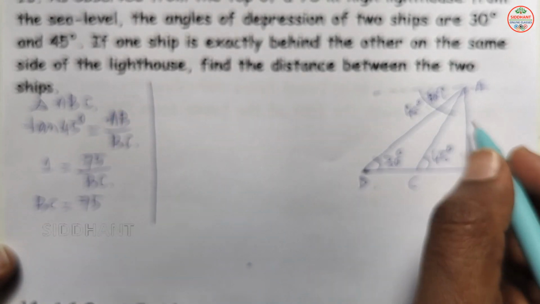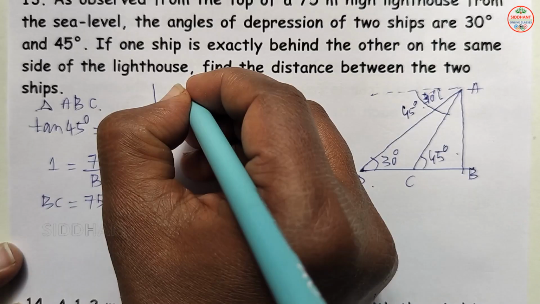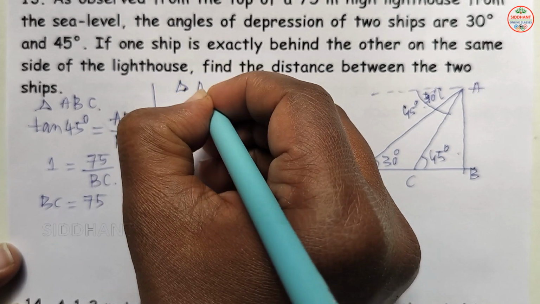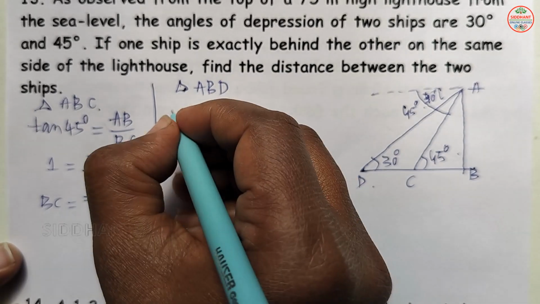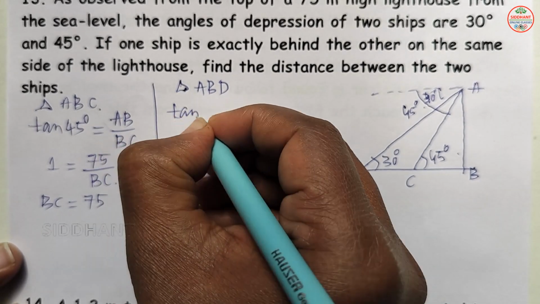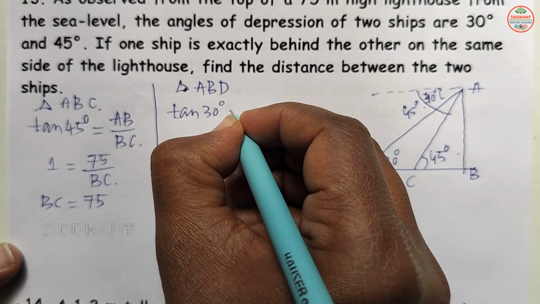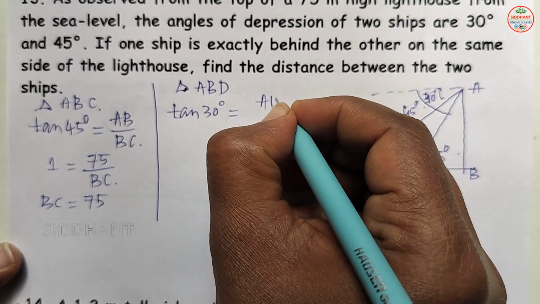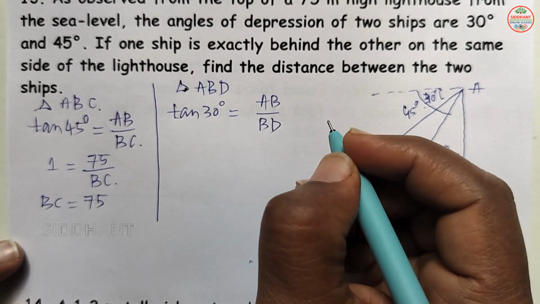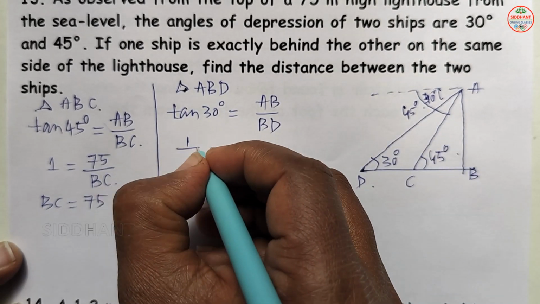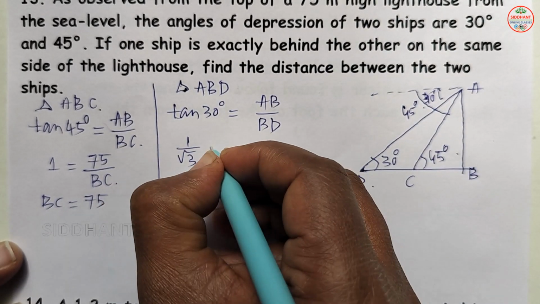Next in triangle ABD here, we take tan 30, which is AB by BD here. Tan 30 we know is 1 by root 3.